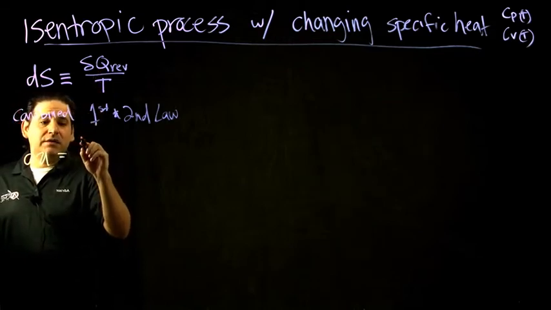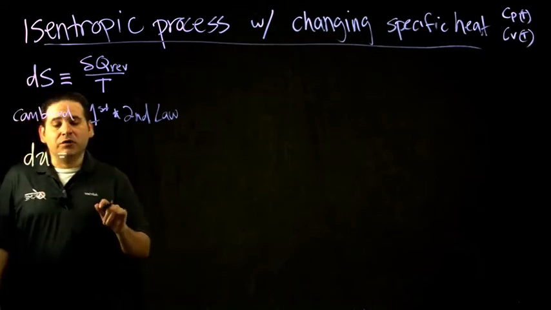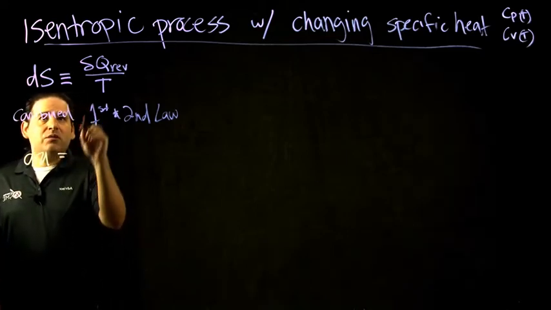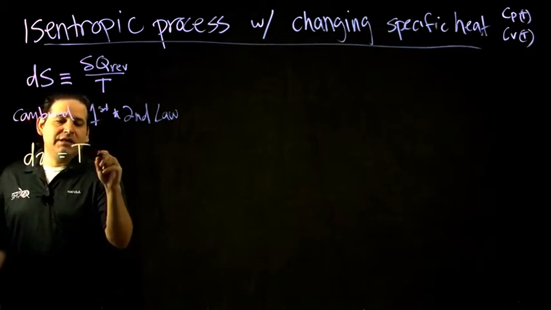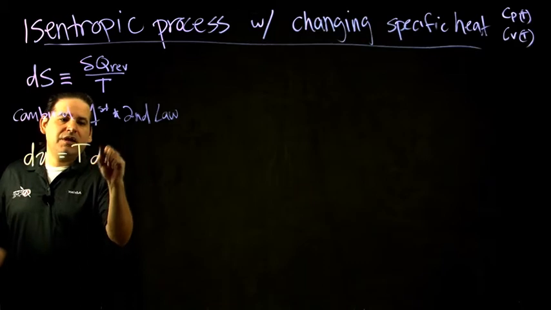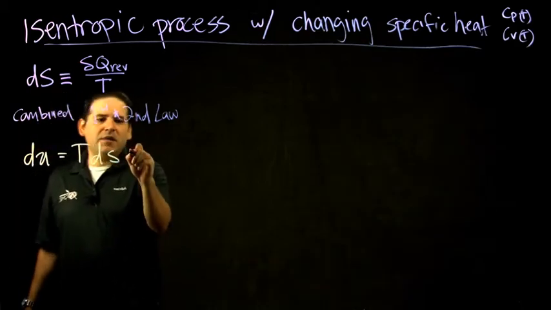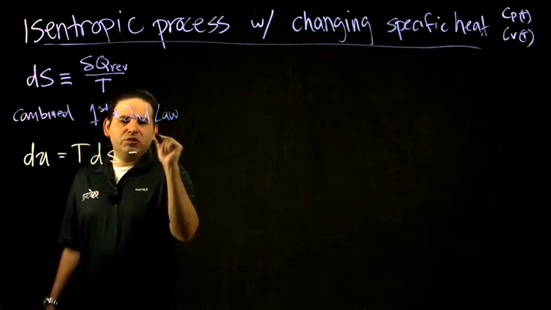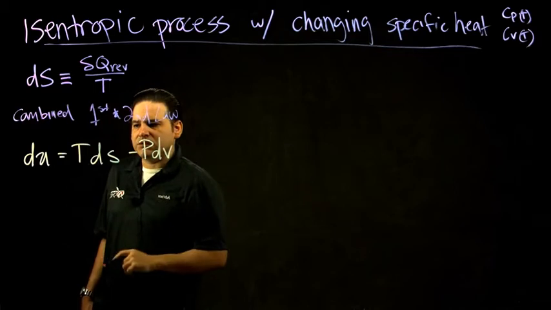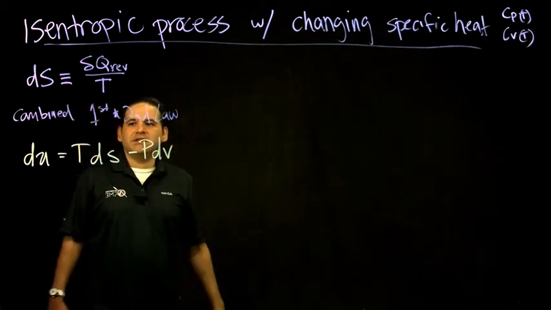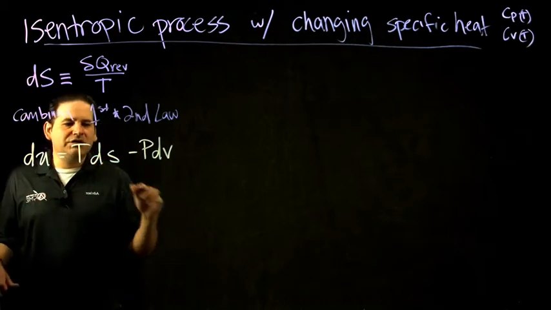So we said change in internal energy is balanced by some heat transfer and work transfer, and we can replace this to express the heat transfer by this change in the state variable entropy minus the work transfer, which we also relate in terms of change in state variables. So this is the combined first and second law, and all of these are state variables.